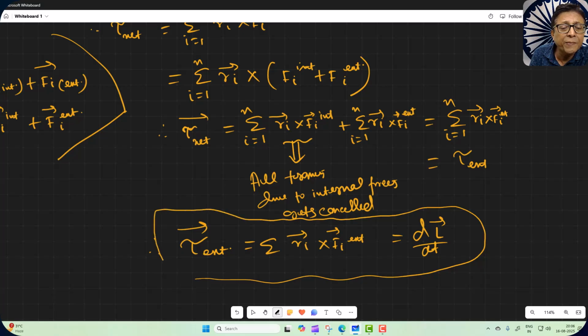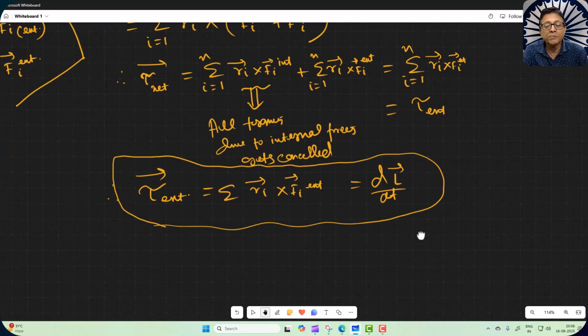This is a very important topic to discuss. Okay, this is such a topic with which you can explain Kepler's laws of planetary motion also. There is no other direct proof. From here you can get it directly.